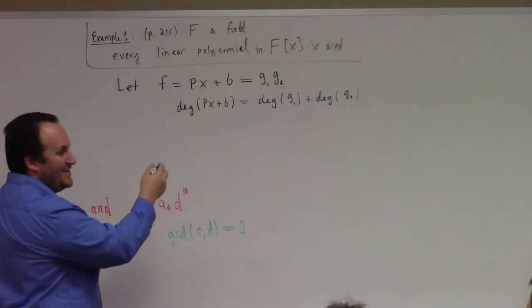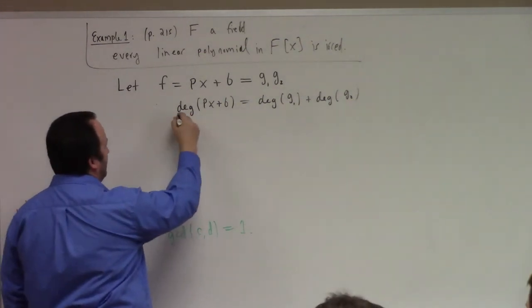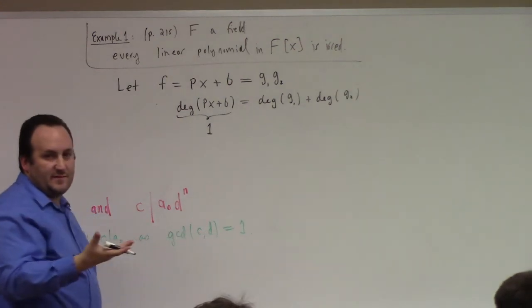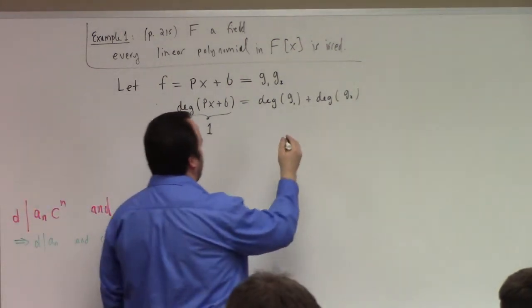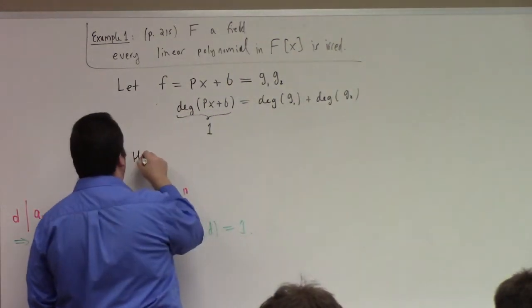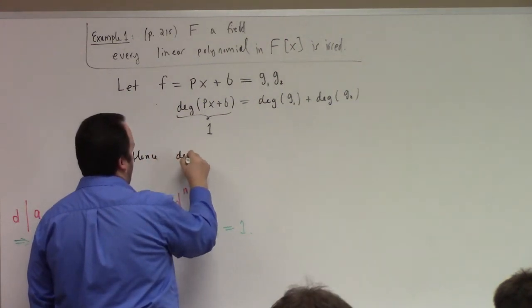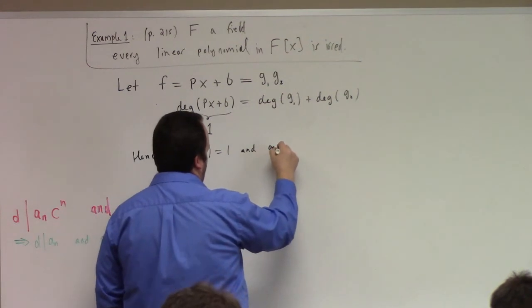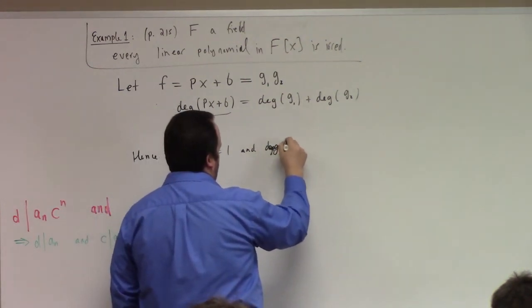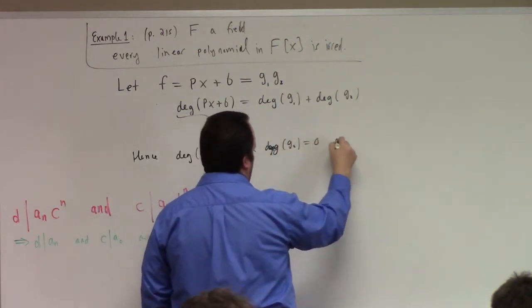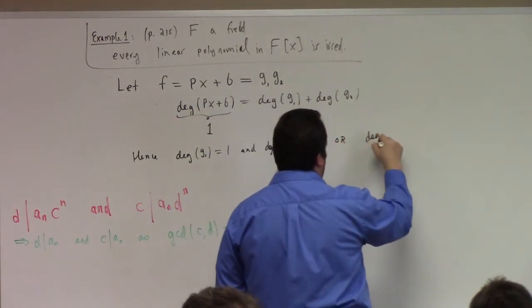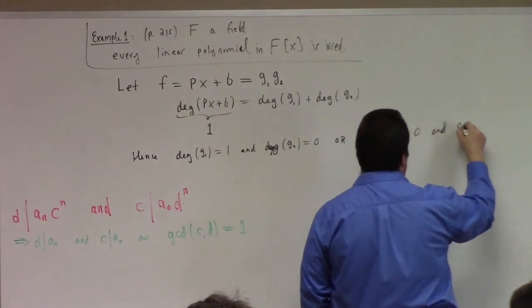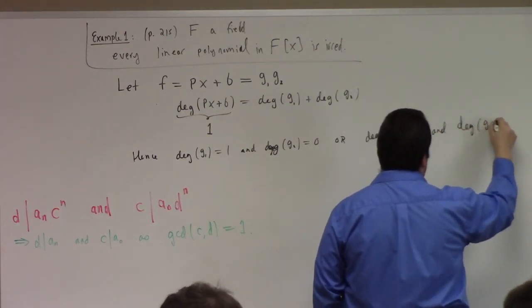But so this is one, right? And you only have two choices, right? So hence, the degree of g1 is equal to 1 and the degree of g2 is equal to 0, or the degree of g1 is equal to 0 and the degree of g2 is equal to 1.